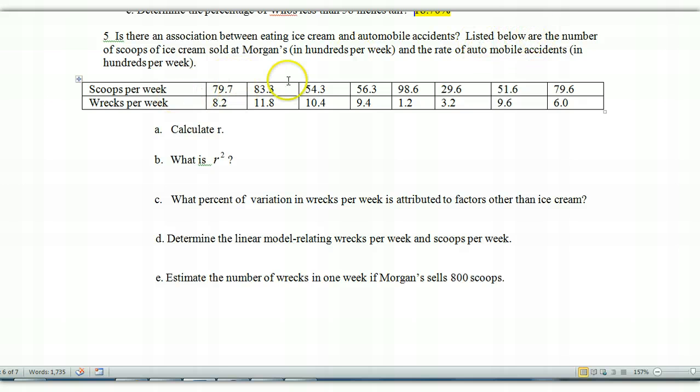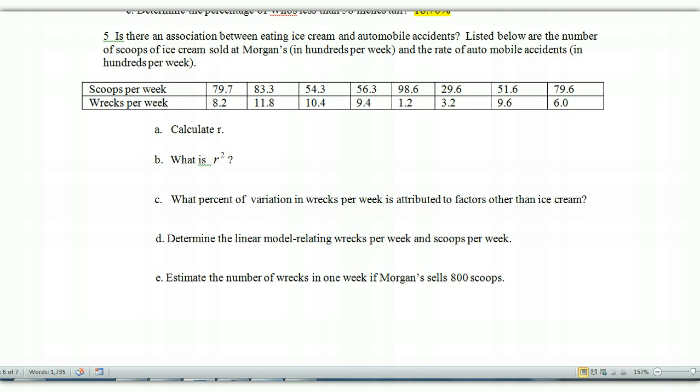Alright, this is scoops per week. It's measured in hundreds, and this is automobile accidents per week, also measured in hundreds. So this would be 820, 1,180, 1,040. These are in hundreds, so you have to basically multiply these numbers by 100.